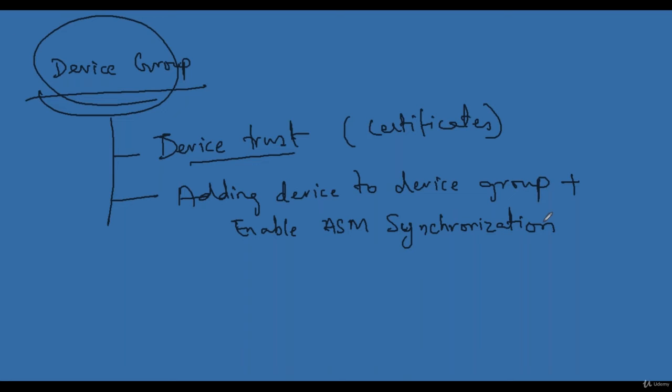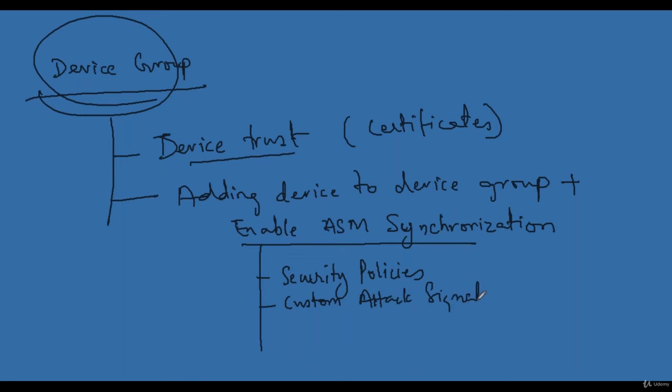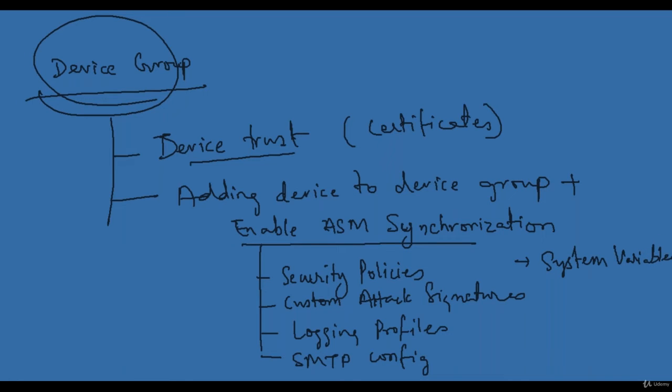So whenever you set up ASM synchronization, when you enable it, you would have the security policies synced, custom attack signatures, any logging profiles that you would have created, SMTP configuration, or maybe any other system variables that you would have configured, any specific policy templates that you would have used.